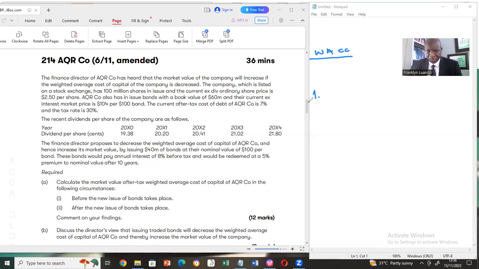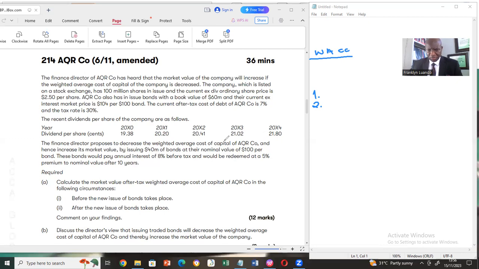Number two, the capital structure required. The capital required for the new project should not change the existing capital structure. If it is going to change the existing capital structure, then WACC should not be used.